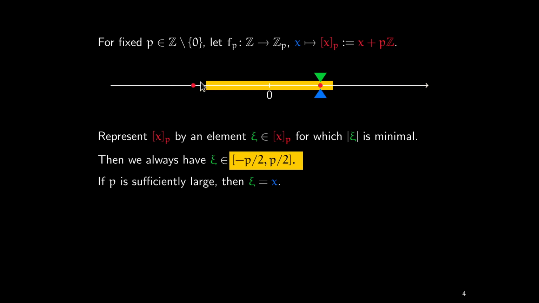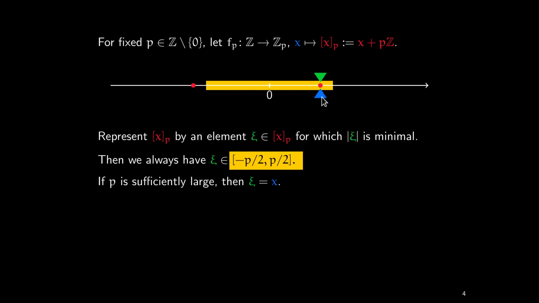And if it's so large that it includes the blue one, then the blue one must agree with the green one, because there's only one, and the green one is always the one that is in the yellow part. But if the blue one is also in the yellow part, then because of the uniqueness, the green one and the blue one must agree, and then you know that you're done.